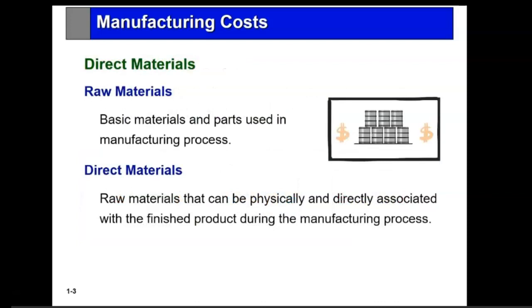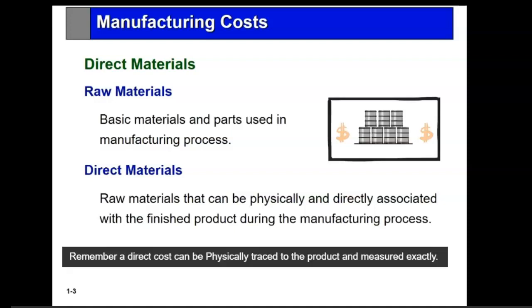So, to begin with, we talk about direct materials. So notice the terminology. Direct materials are those materials directly related to the production of my desk. I can measure them. Before I begin production, they're called raw materials. The raw materials are the basic materials that form part of the manufacturing process. Now, the direct materials are the ones that I can physically and directly associate with the finished product during the manufacturing process.